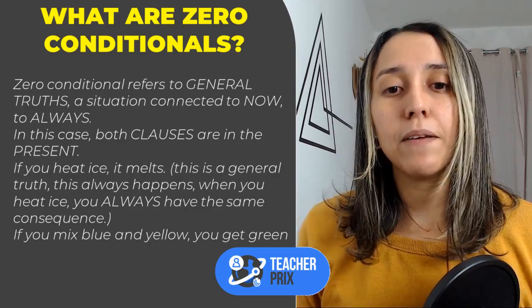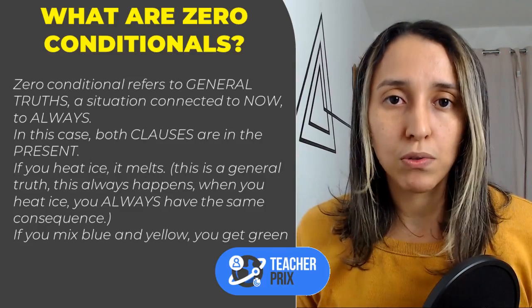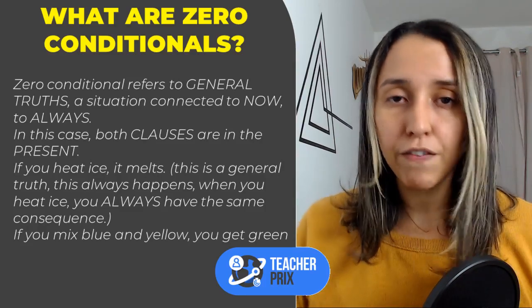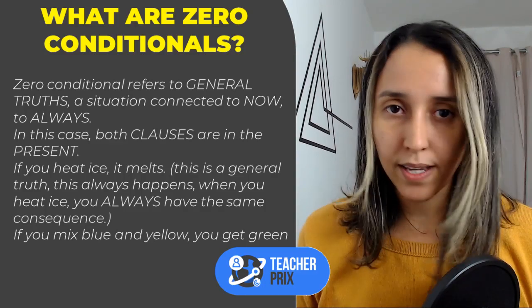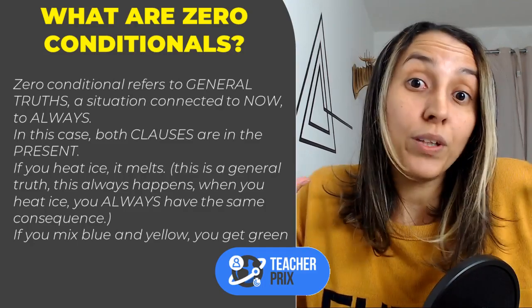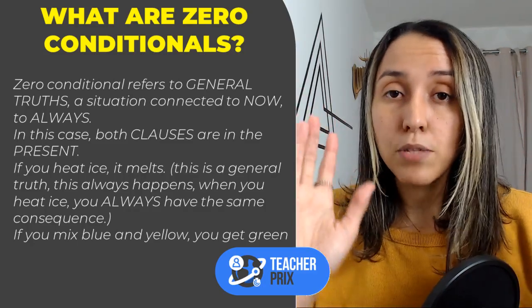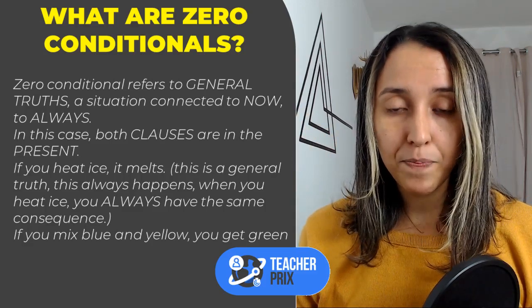If I mix blue and yellow, I will not have a different result. I'm always going to have the same result. If I mix blue and yellow, I get green. I always get green, no matter what. Only if you mix a different color, that's different. But here I'm talking about a general truth, okay?